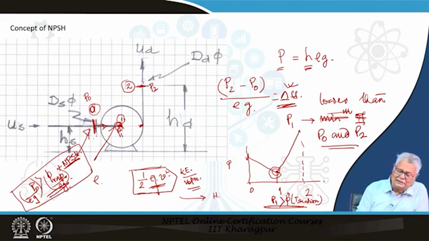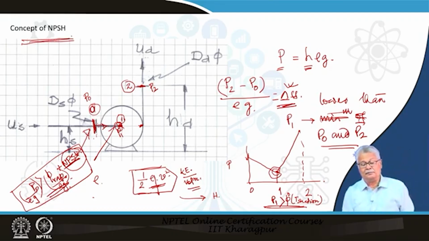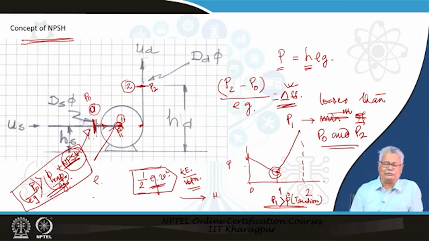That means, at the suction point, the pressure of the liquid has to be higher than the vapor pressure of the liquid at this suction condition by an amount, and this is called the net positive suction head, and it is specified by the manufacturer in the characteristics, and it is a characteristic of the pump. On what does it depend? It depends on the construction.